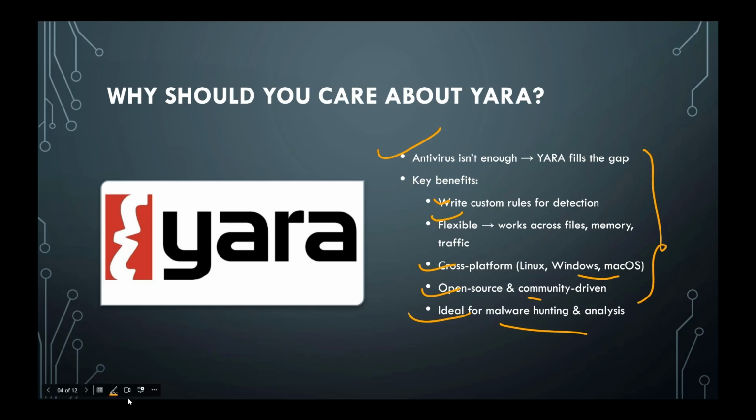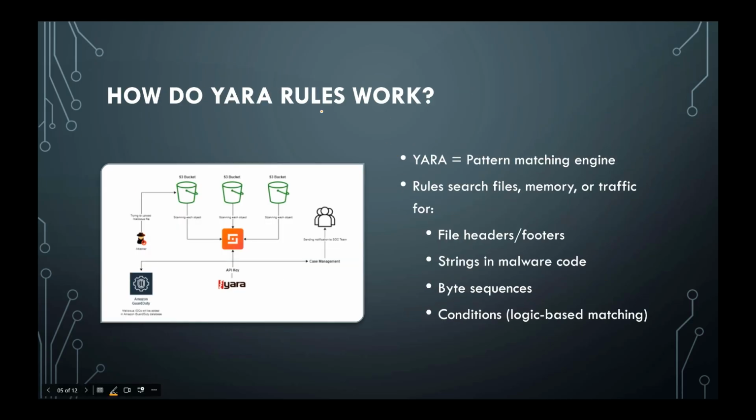Let's jump to the next one. How do YARA rules work? A YARA rule is essentially a pattern match. The rule you write looks for a specific string or byte sequence within files, memory, network traffic, and other sources associated with known malware or indicators of compromise, the IOCs.